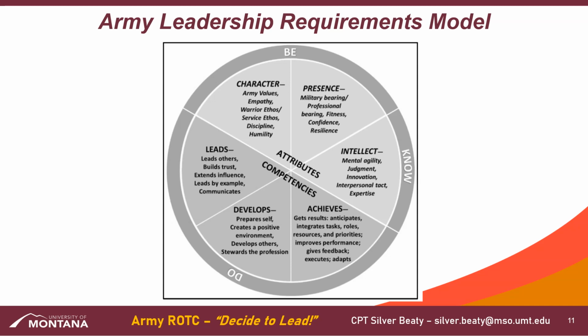Find 2 attributes and 2 competencies that you truly feel you are strong at or do a good job in. And then take a step further in your self-awareness and find 2 attributes and 2 competencies that you either struggle with or would like to make better for yourself. So pause this here, think about those, write them down, and then I'm going to break this down a little differently for you as well.